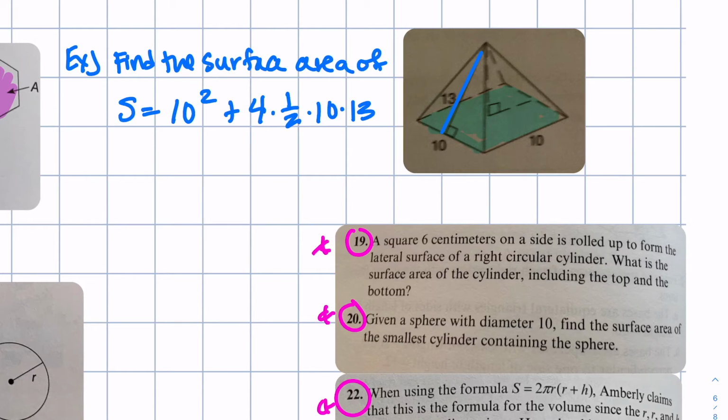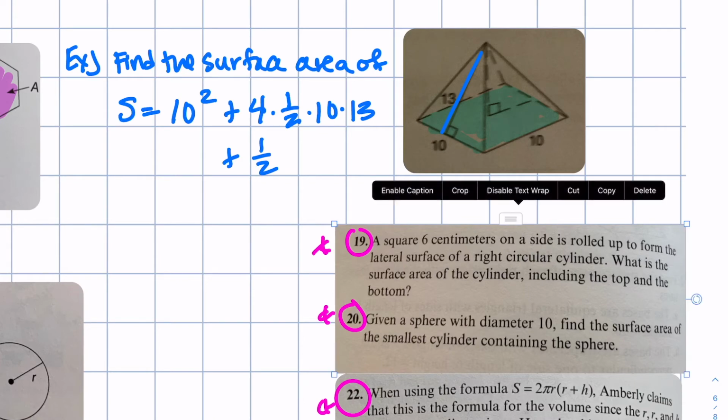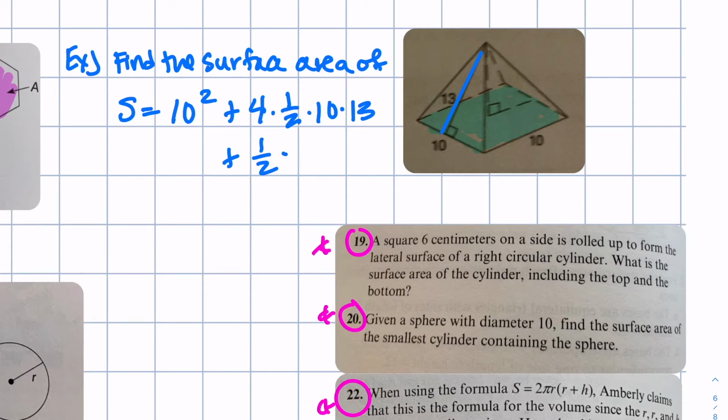I'm doing this in a slightly different form than the derived formula. The derived formula really looks like 1/2 times the perimeter, which was 10 times 4, right? 1, 2, 3, 4. So that should be 40 times the height. And you'll notice those are obviously the same numerically.